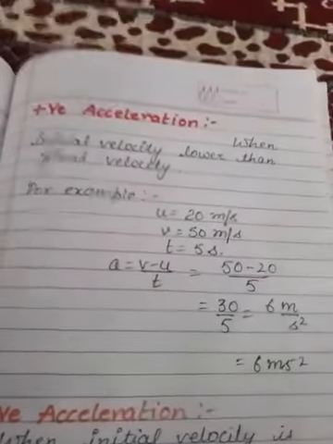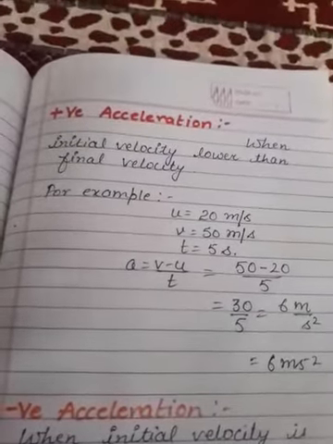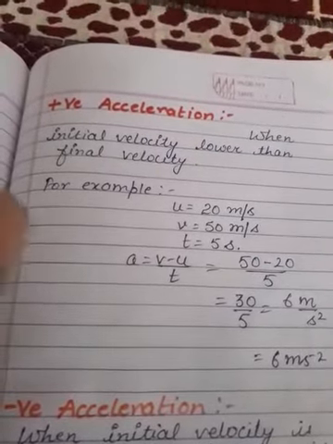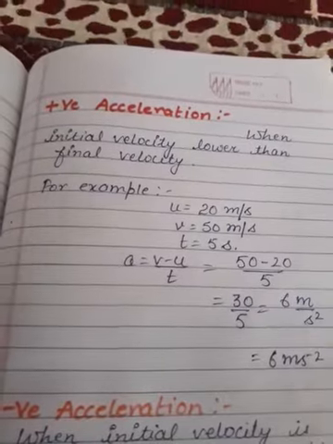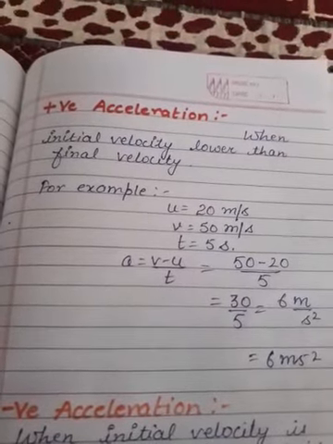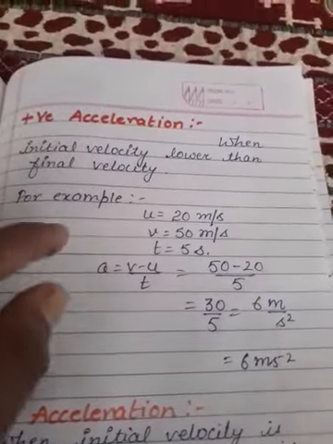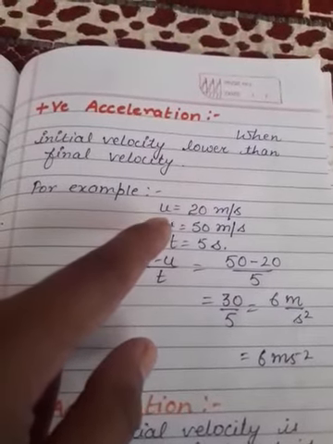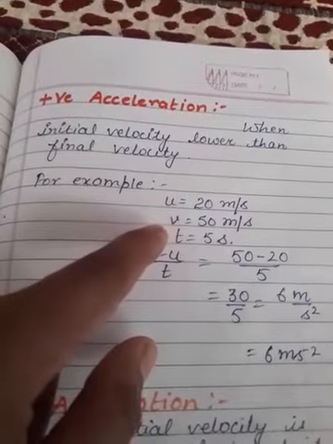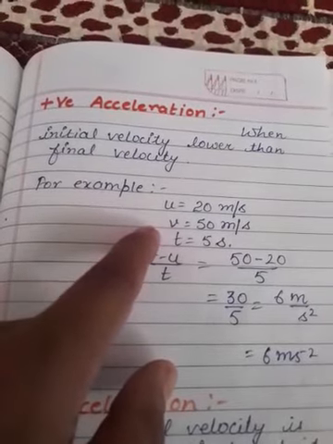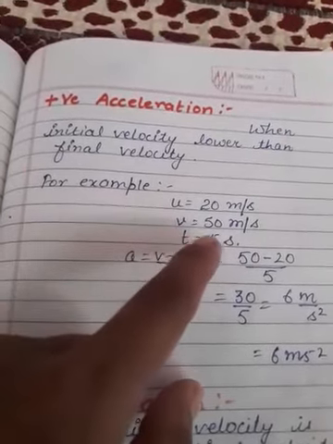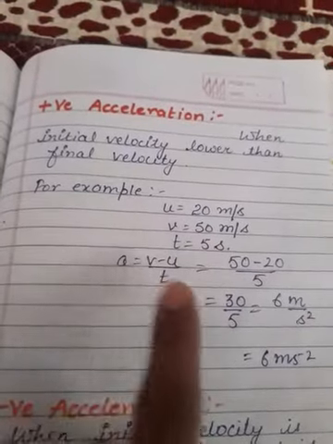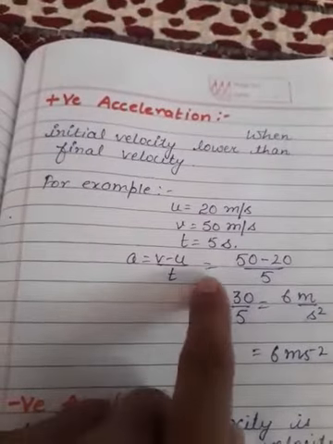After that we will talk about positive acceleration. Acceleration is positive when initial velocity is lower than final velocity. If initial velocity is less than final velocity, then acceleration will be positive. For example, if we have initial velocity 20 meter per second, final velocity 50 meter per second, time 5 second, then acceleration will be v minus u upon t.